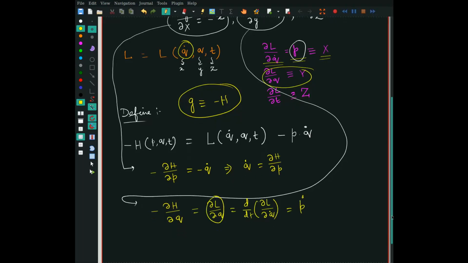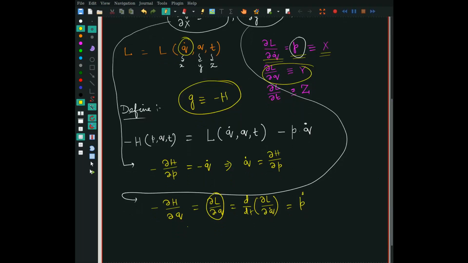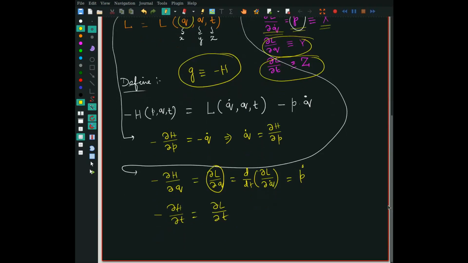And the third equation again should be del g del t, so that is minus del H del t, which should equal Z, and Z is del L del t. So these three equations, in summary, are called Hamilton's equations of motion.